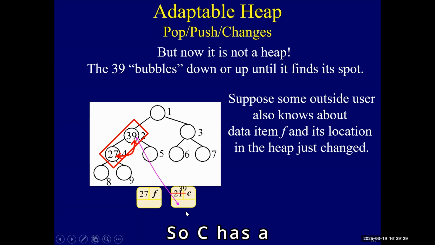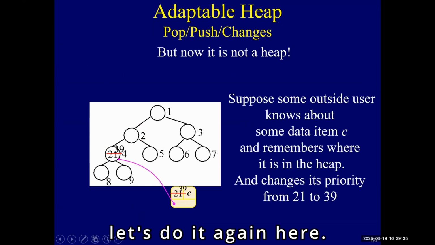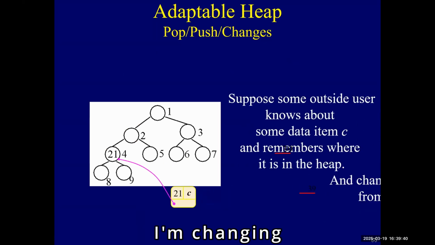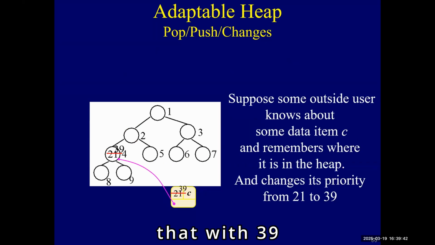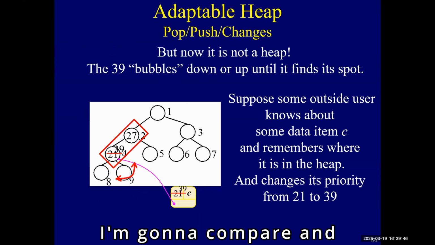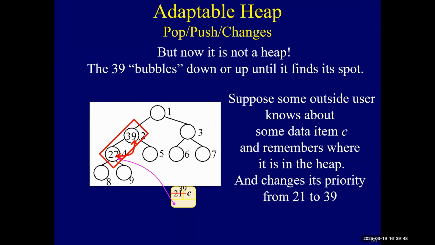So C has a pointer in and goes in and says, I'm changing. Let's do it again here. C comes in and says, I'm changing that to a 39. And then the heap says, all right, that's good. I'm going to compare and I'm going to swap them.